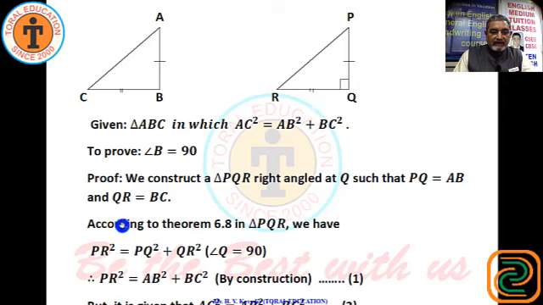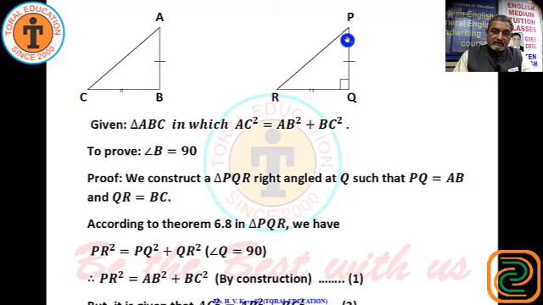Now, according to Pythagoras theorem 6.8, in PQR, PR is the hypotenuse, and so PR square equals PQ square plus QR square, because angle Q is a right angle.